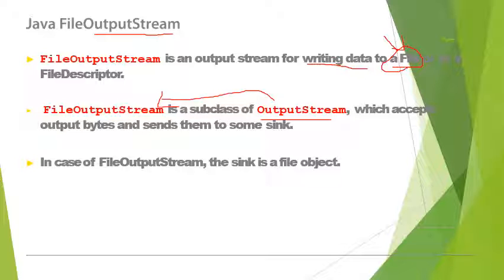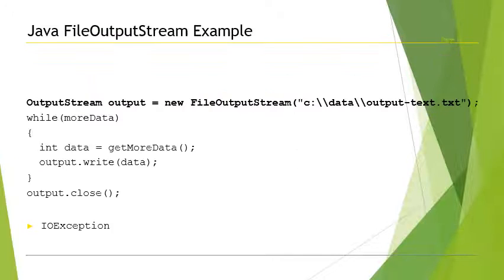Now, in the case of FileOutputStream, the sink is a file object. We can use the sink as a file object. We will discuss it later. Now we can see a simple example. We are writing into a file, so we want to create an object. Wherever we want to write, we want to provide that path.